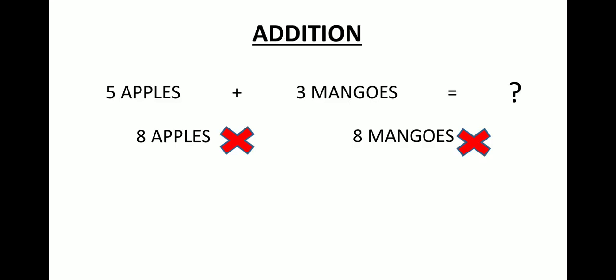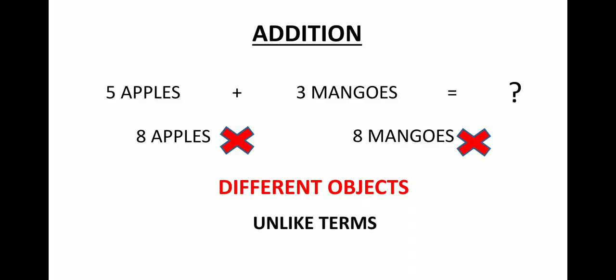In both cases, the answers are wrong because these are different objects. Apples and mangoes are different objects, so we cannot add them. And in algebraic terms, we say they are unlike terms.